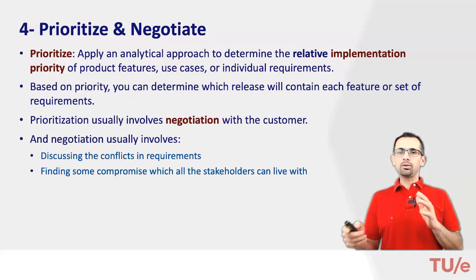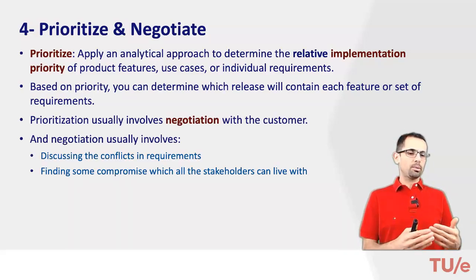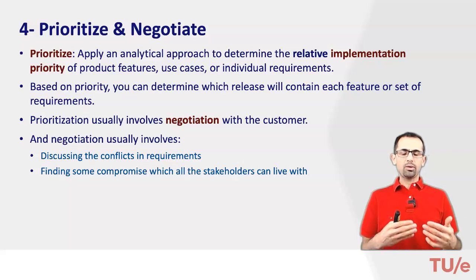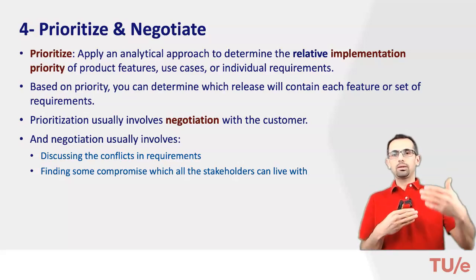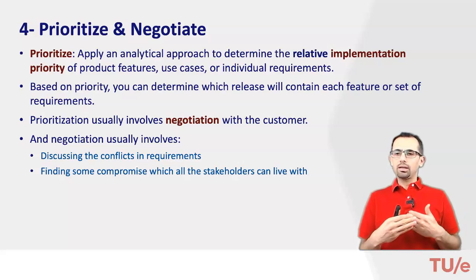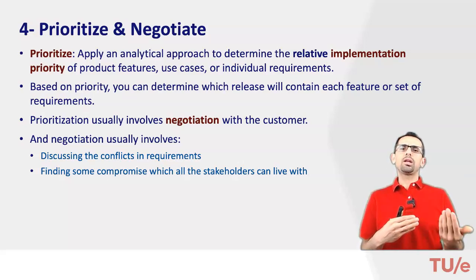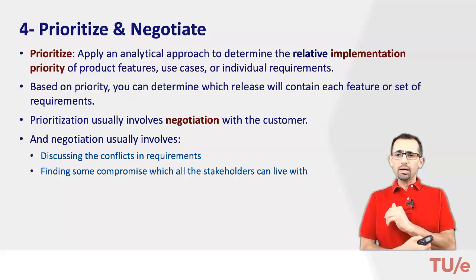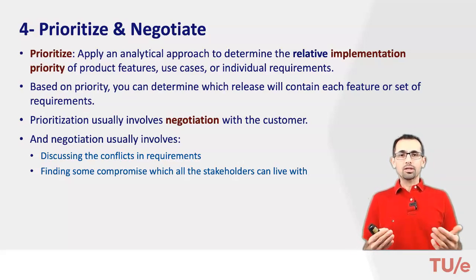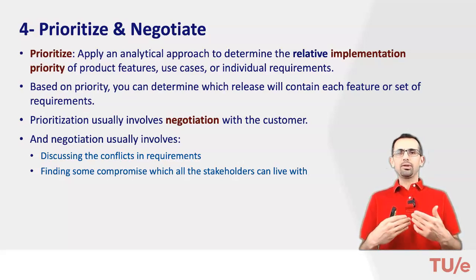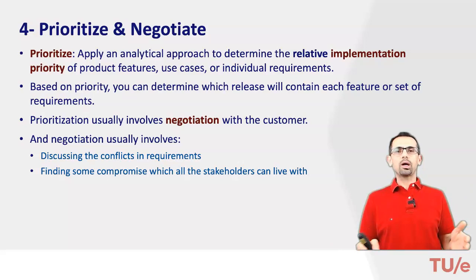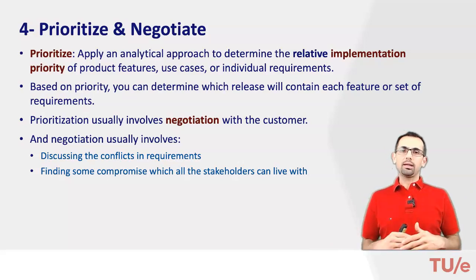Usually, in a setting where you have the business analyst on one side and the users on the other, prioritization involves negotiation. You give and take. As I said, if you leave it to the users, everything will be highly important, and that shouldn't be the case.